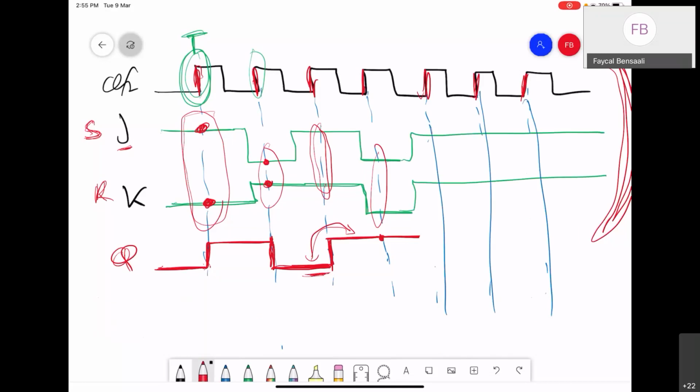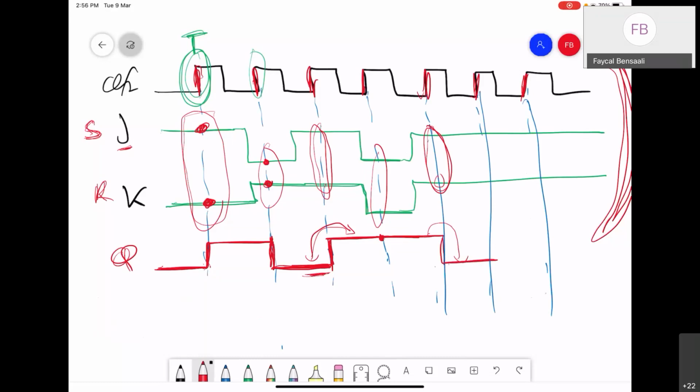So this is the next rising edge. It was 1 until here. The next rising edge is here. Now it's 1, 1. For 1, 1, we say it's the opposite. So it goes to 0 because it was 1. It goes to 0. It's the opposite.